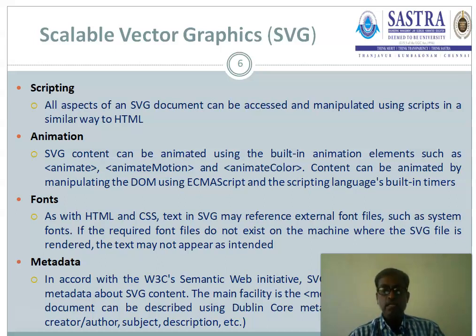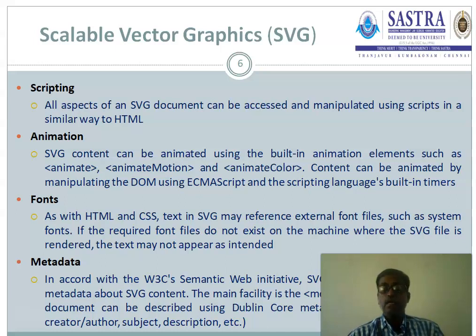The metadata tag is defined by SVG, and through that metadata we are able to give information about the document, or describe a particular element or all elements available in the document, and so on.